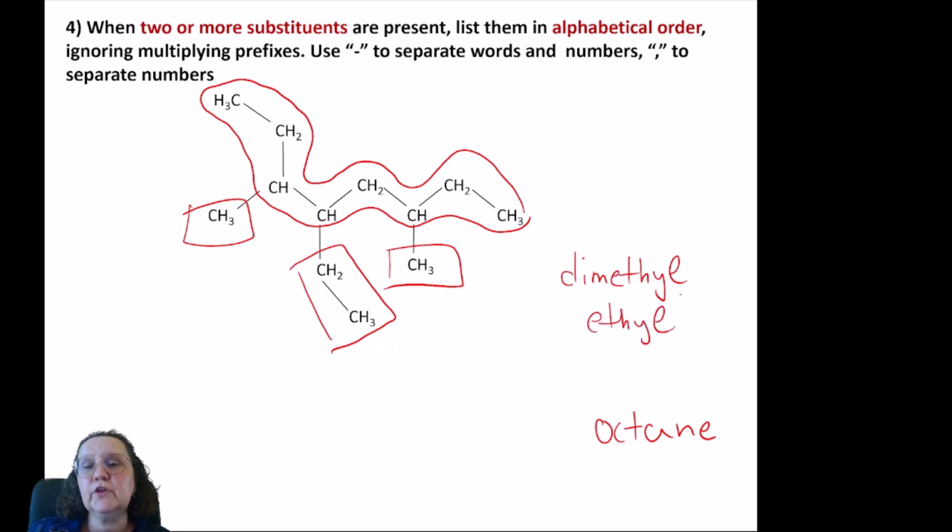So I put them in alphabetical order in front of octane. If I put them in alphabetical order, the first one will be ethyl. Alphabetical order is not by the prefix, but by the main name of the substituent. So dimethyl would be second, and ethyl would be at the front. So I'm going to write here dimethyl.